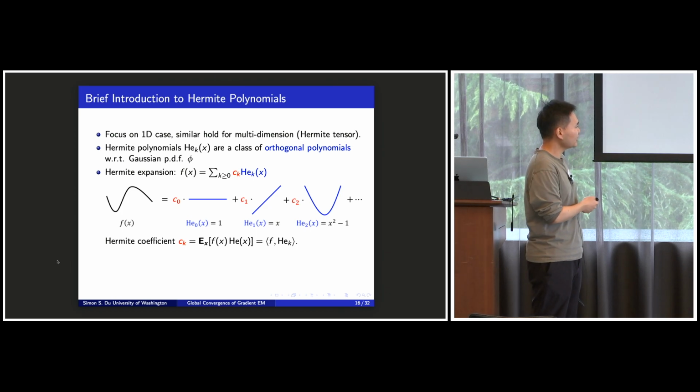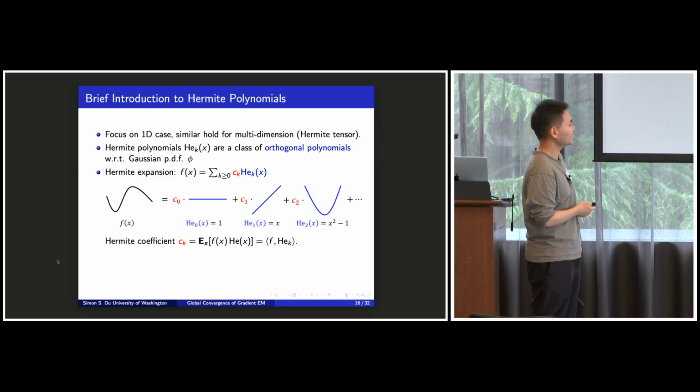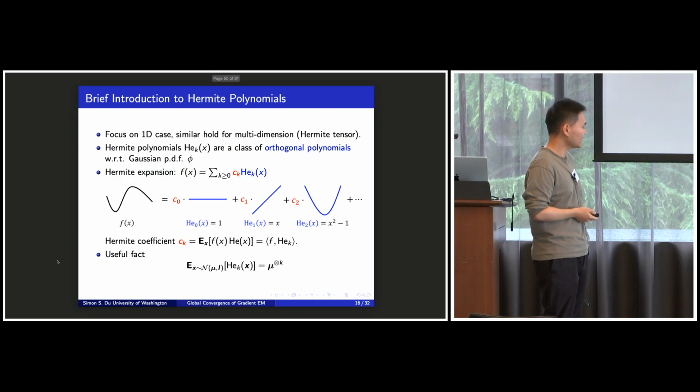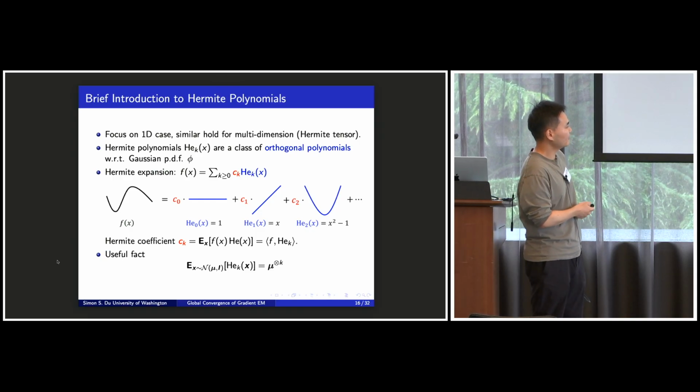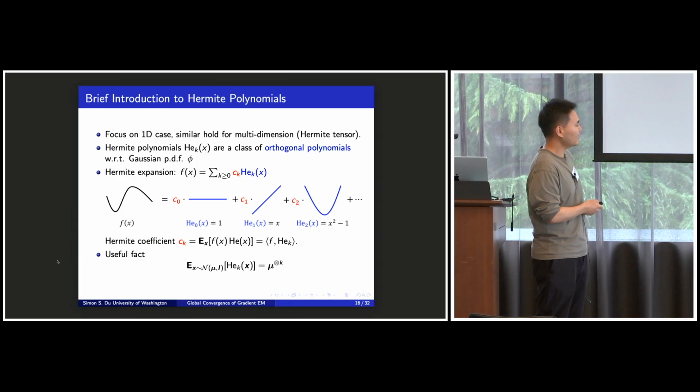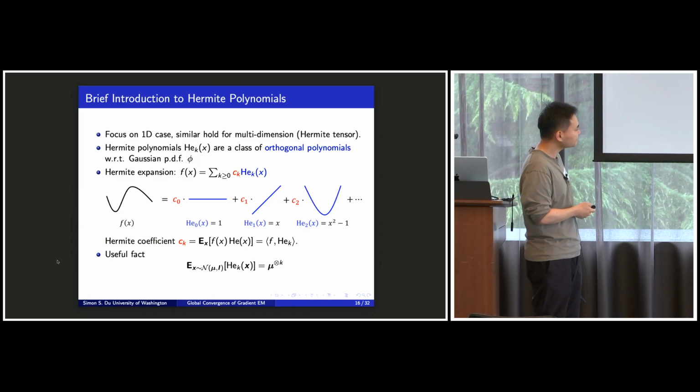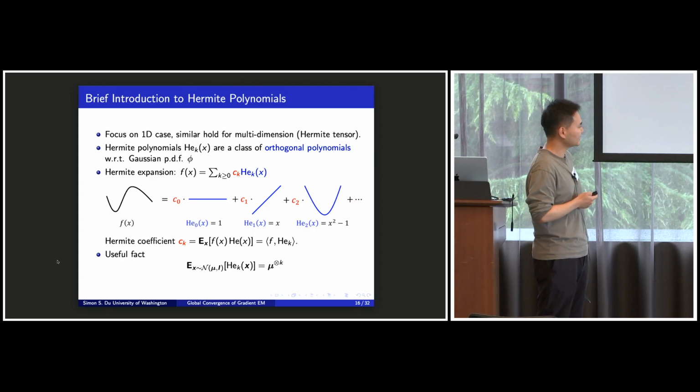The Hermite coefficient is an inner product between your function and the k-th polynomial from the Hermite basis. One useful fact is that if x is from a Gaussian, the k-th polynomial is actually a tensor product of mu to the power of k for the multi-dimensional case.